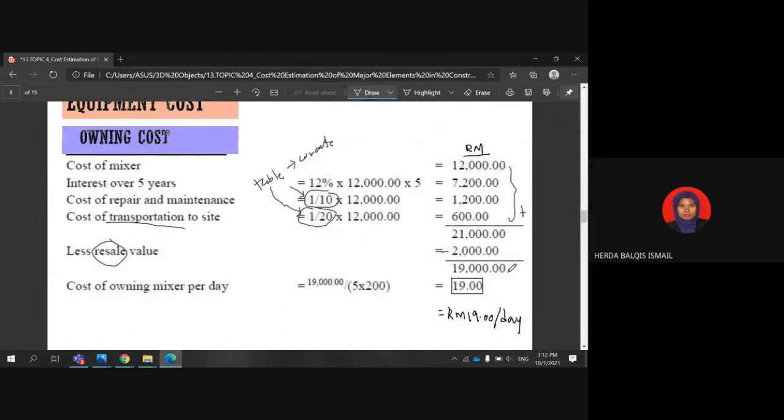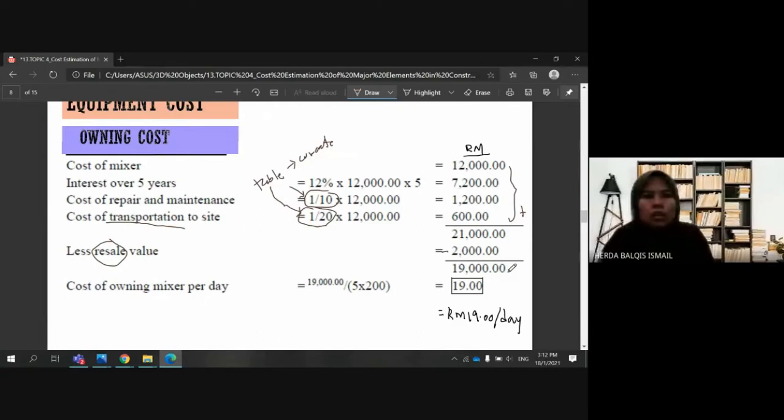So you need to convert the owning cost of the mixer per day. So 19,000 over 5 years. Considering from the table, the working days for the machine is 200 days per year. We calculate, then we get 19 ringgit per day.